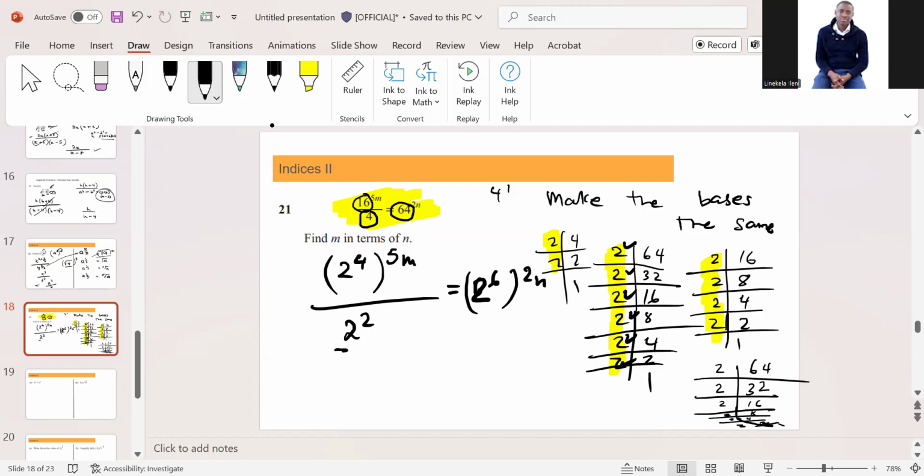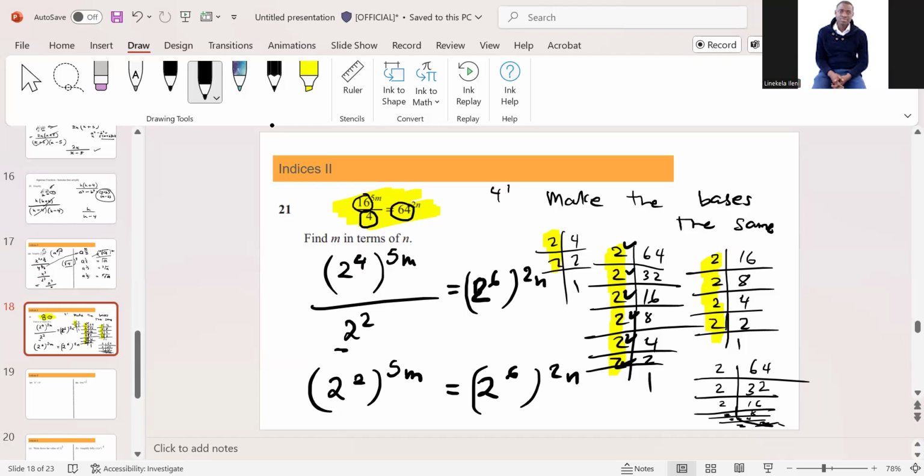So I take away 2 from 4, and I end up with 2 to the power of 2. But outside, I'm also going to have 5m, equals 2 to the power of 6, 2n. But in this case, they just said I must find m in terms of n.